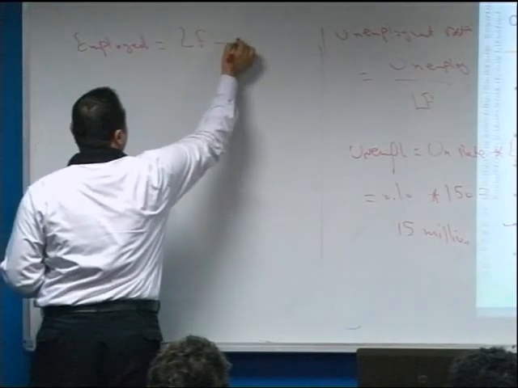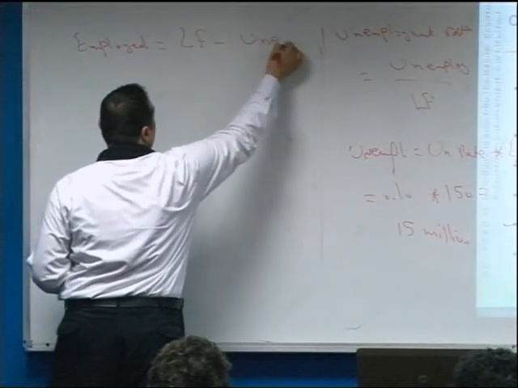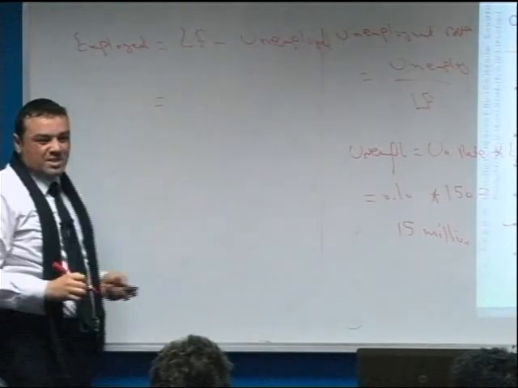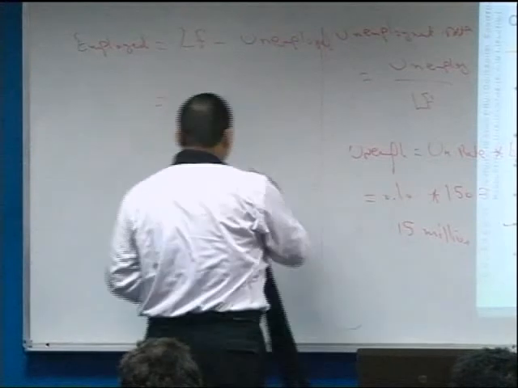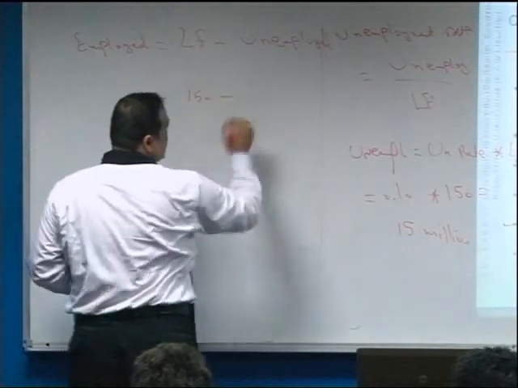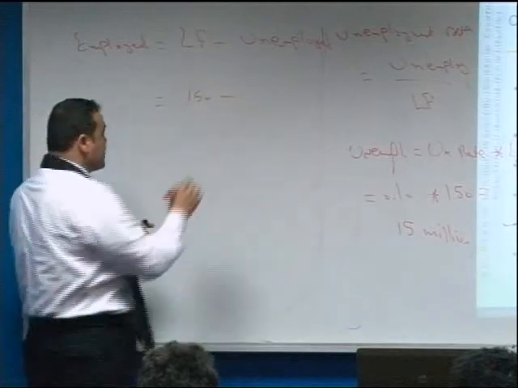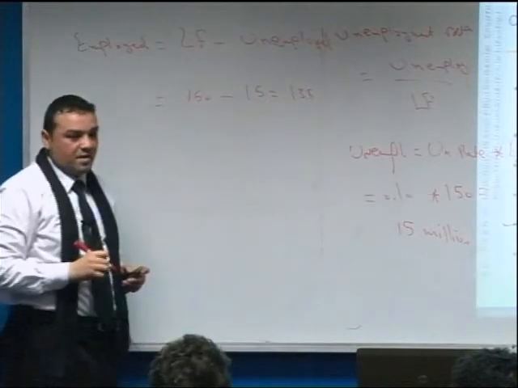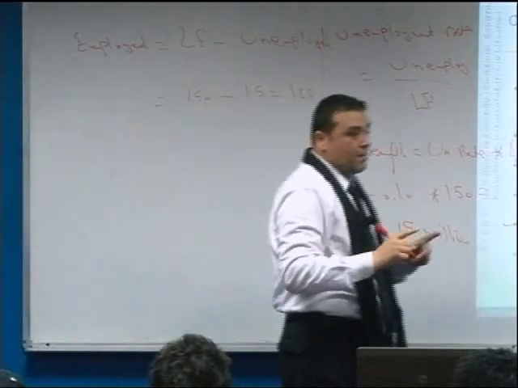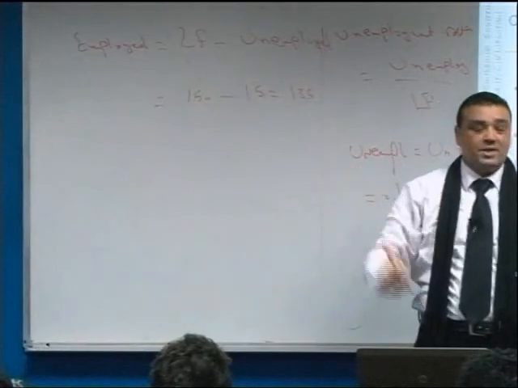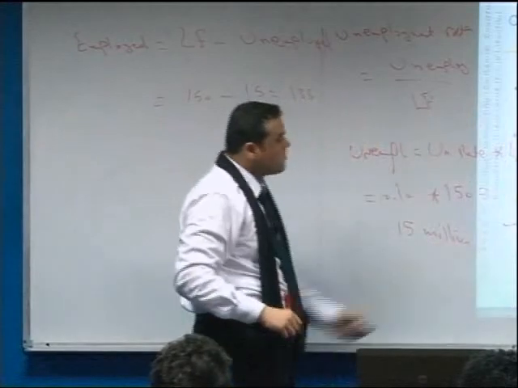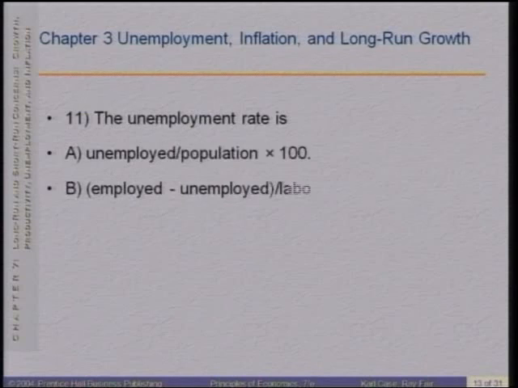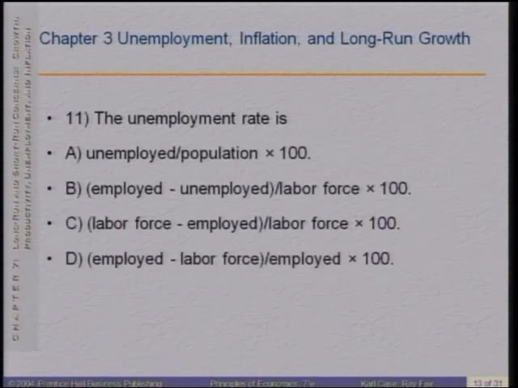Labor force minus unemployed. People who are employed. The labor force equals how much? How many? 150 minus 15. Yes, exactly. 135. This is what? The number of people who is employed. What else? Yes, exactly here. The unemployment rate. Okay.